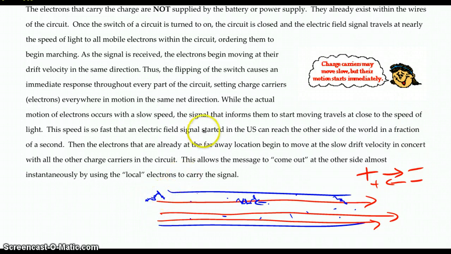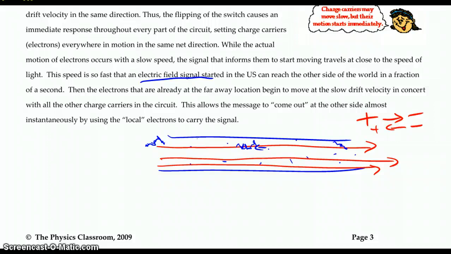Okay. Now, the electric field signal, which is what tells every electron to get moving, it's like the gravity that starts pushing them or pulling them along, that sets up at the speed of light, or very close to the speed of light. Because of that, you can get a message all the way across the world in a very short period of time, because the speed of light is 186,000 miles per second.